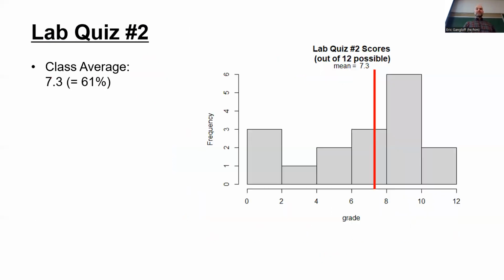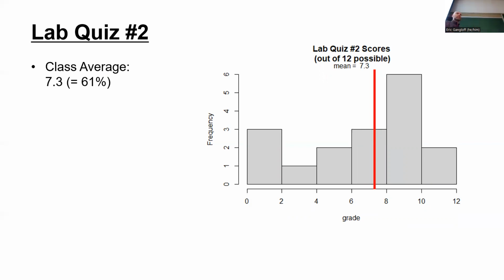Here you see your distribution of scores on your lab quiz. So this is the histology quiz you took last week. Here you see a much more normal distribution. The mean was a 7.3 out of 12, which is 63%. You can see a couple people in the class got a perfect score on the quiz. Most of you got somewhere in the middle there. So just think about where you're falling in this distribution.